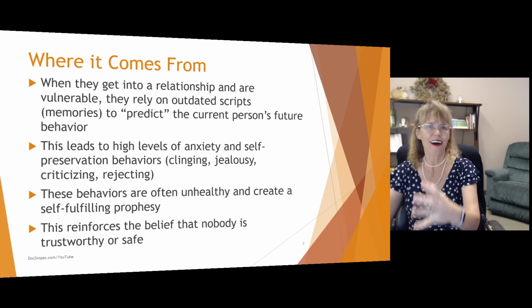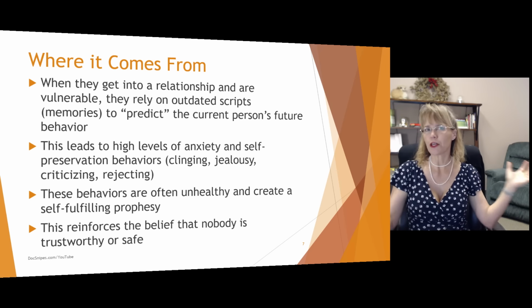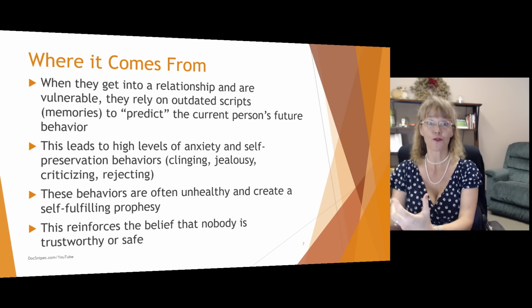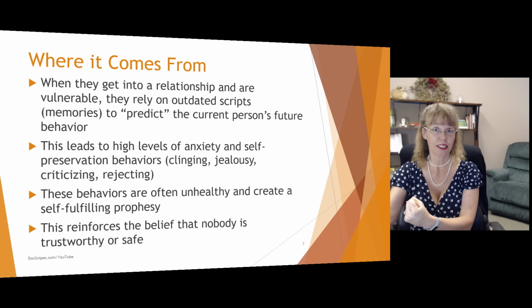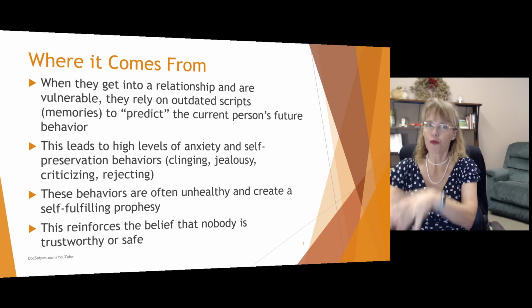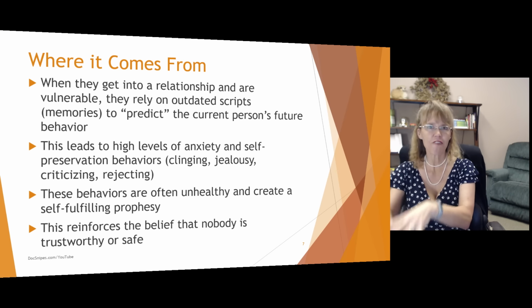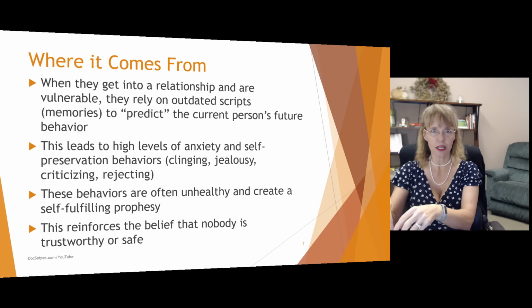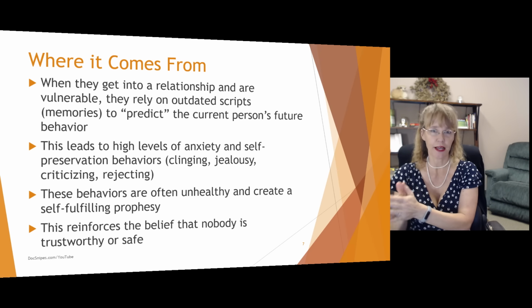But use the current context to say, okay, in the past, when something like this has happened, when I've started to feel vulnerable, then I've been abandoned. Okay. But in the present context, what facts do I have to support the belief that this person is going to do the same thing?